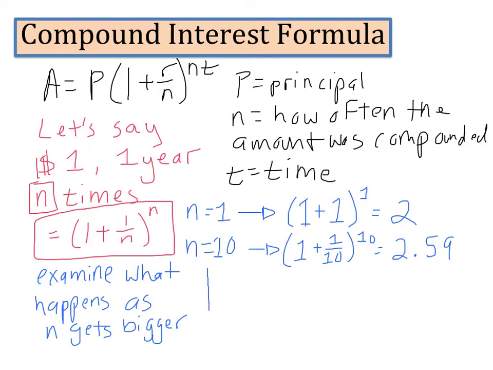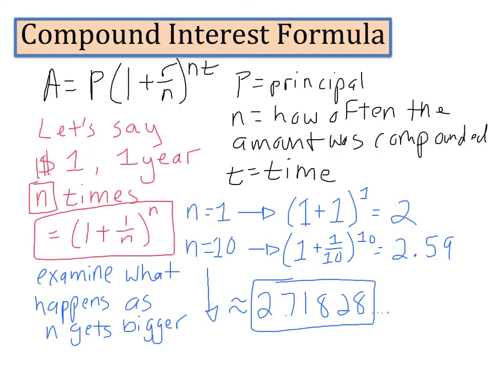Now, if these numbers keep going up, up, and up, we're going to notice they start to get closer to this number, 2.71828, and it repeats. This number is known as the number e, and it's an irrational number. So this number e comes from this function.